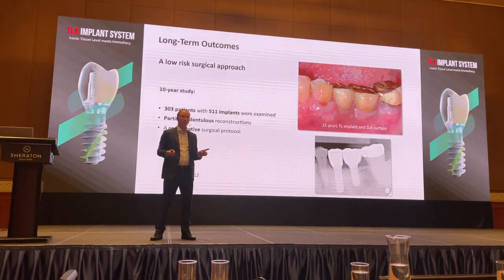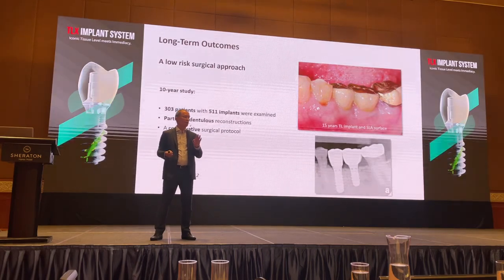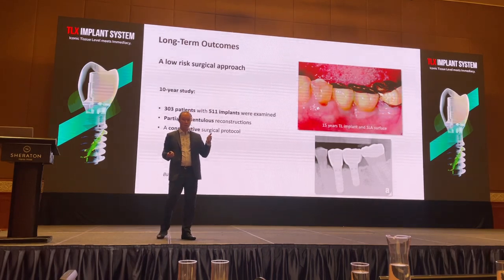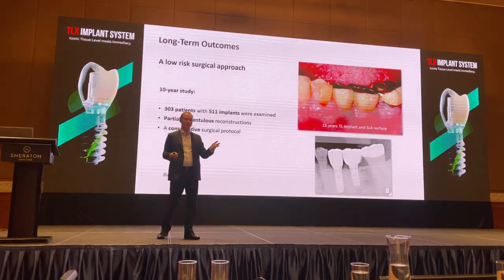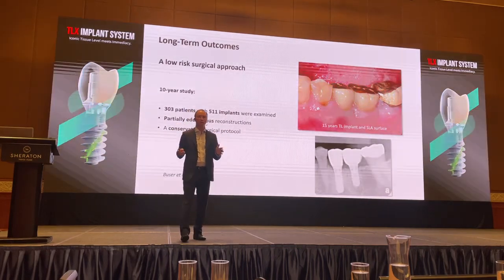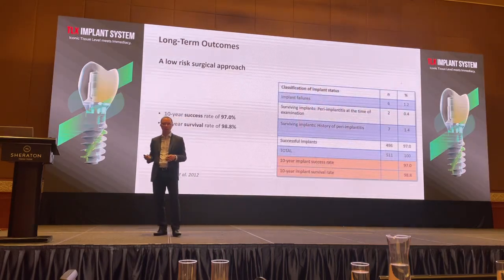Conservative surgical approach. The conservative surgical approach means no immediate implants; it's early implant placement, or if the site has healed and there's not enough bone, graft first. So this is what we call a conservative surgical approach. Very low risk. Make sure the bone is healthy before the implants are placed.